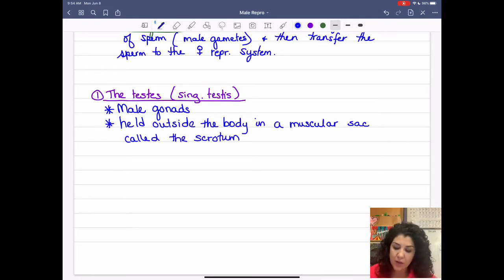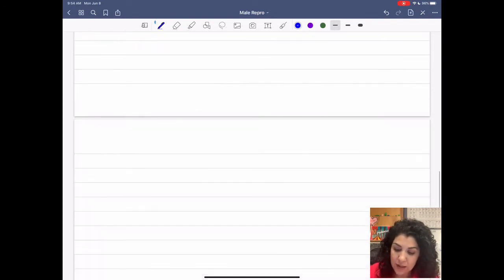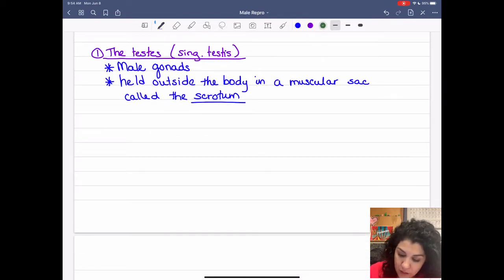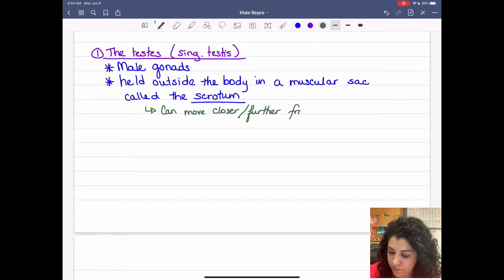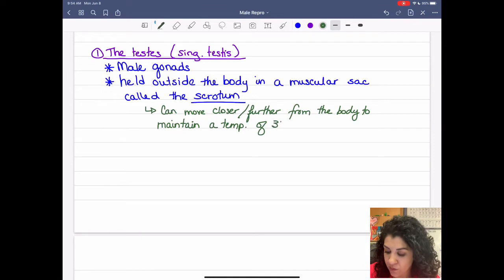Now, the scrotum has the ability to move up and down in order for the testes to move closer or further away from the body. And the reason for that is that sperm need to maintain an internal temperature of 34 degrees Celsius.